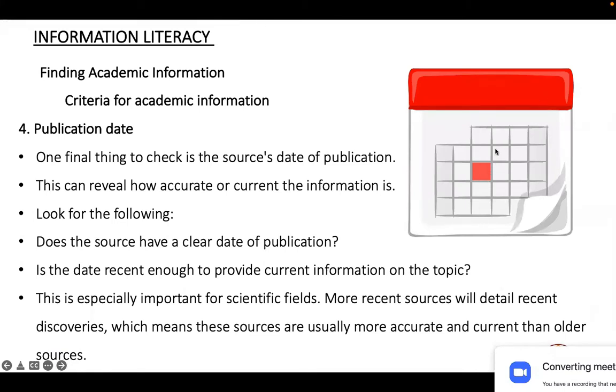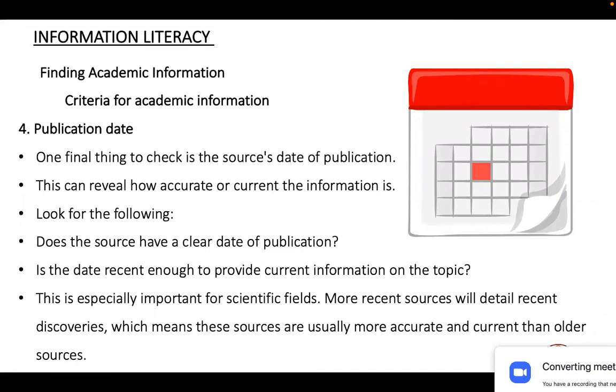Good, that's a good try. So yes, information changes, should we say rather. This is why we need to check the source's date of publication. It can reveal how accurate or current the information is.